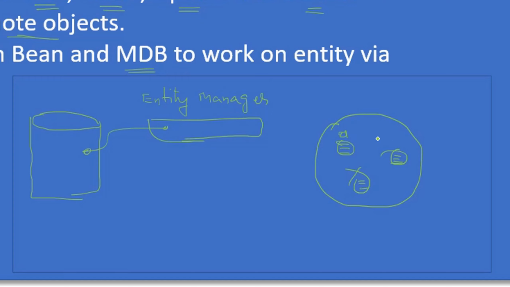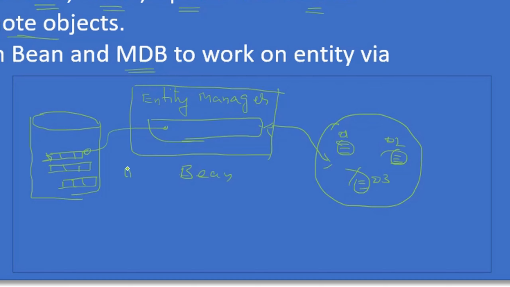Let's say O1, O2, and O3, three objects or three entities. These entities are managed by this entity manager. The entity manager will pick a particular row of data in the database and represent that as an entity. That's what we mean here. And the entity manager, if you see, will actually be exposed through a Java bean, right?